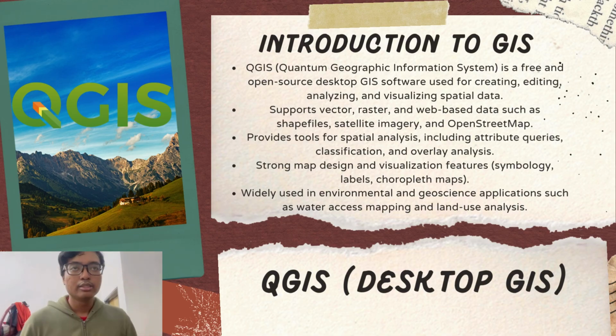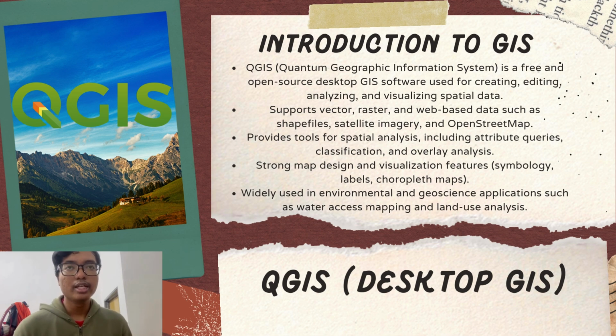So, what is QGIS? It's short for Quantum Geographical Information System. It's free and open source software, so everyone can download it and install it on their laptop or personal computer.